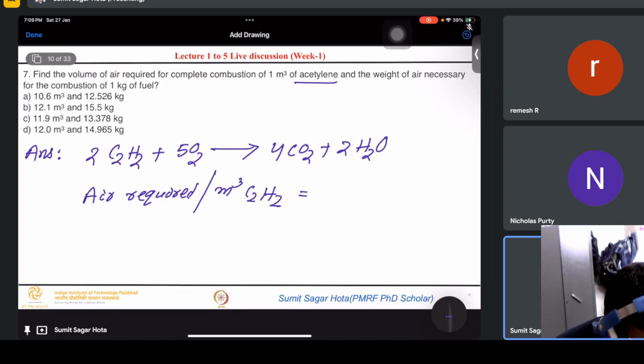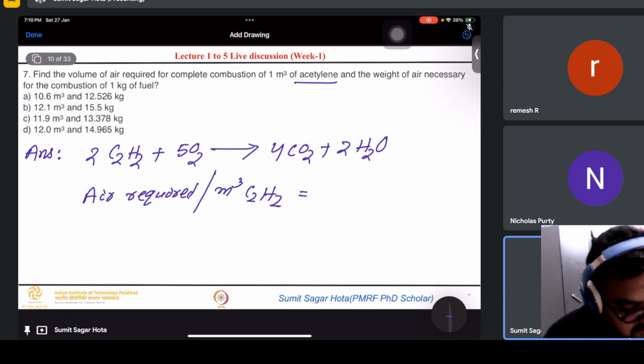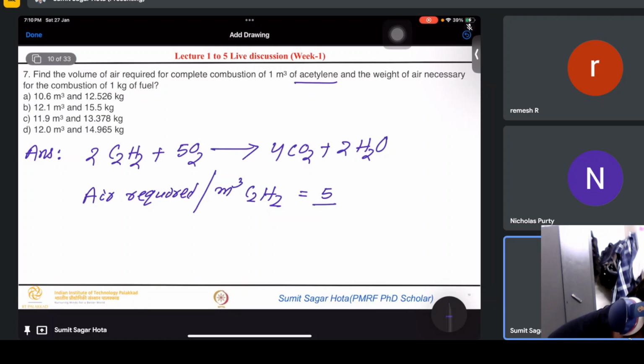The 5 is for oxygen. You have to find out per meter cube. Then these are your moles of what?